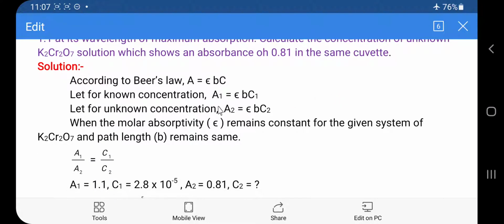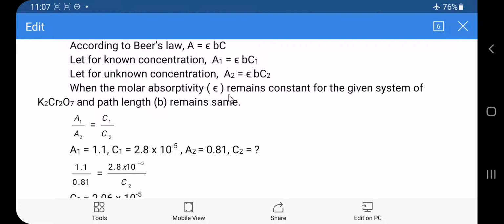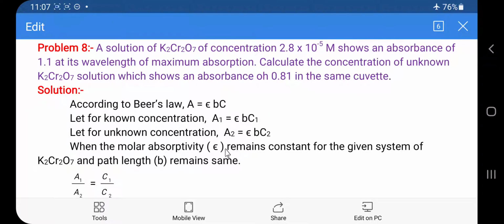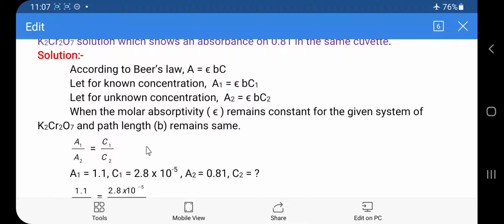As per this equation, the molar absorptivity remains constant for the given system, because in both cases, number 1 and number 2, potassium dichromate solution is used. That's why the molar absorptivity remains constant, and the path length also remains constant. So this equation can be written as A1 proportional to C1, and A2 proportional to C2.